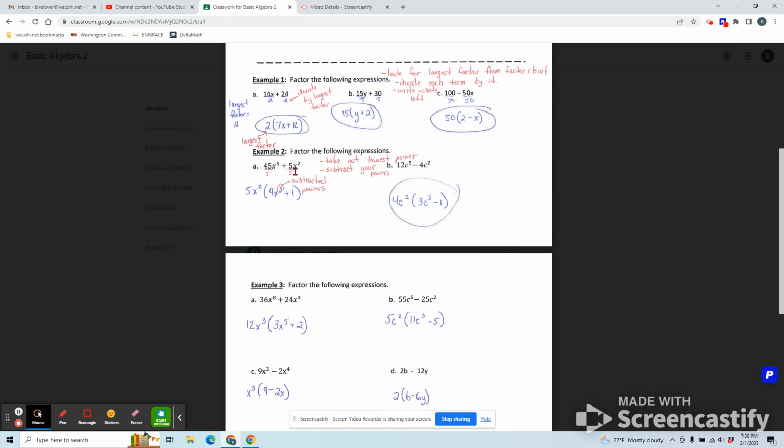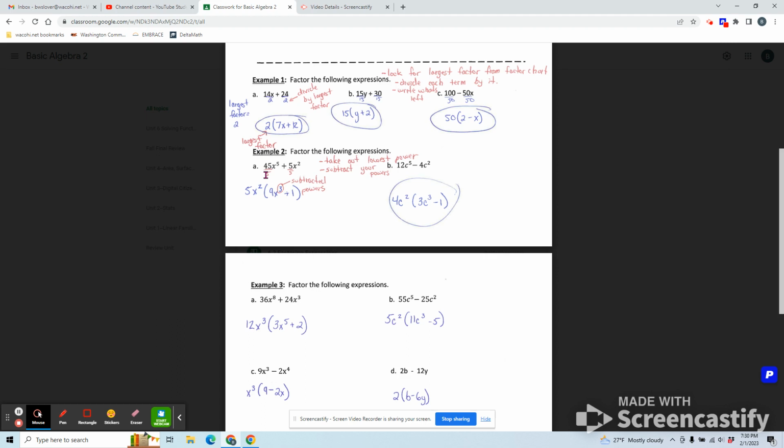So they do have a greatest common factor in regards to a variable. Yesterday I noted that you want to take out your lowest power, and that's what it says here. If I have x to the 5th and x squared, x squared is my lowest power. That goes on the outside because that's my greatest common factor. My greatest common factor is 5x squared.